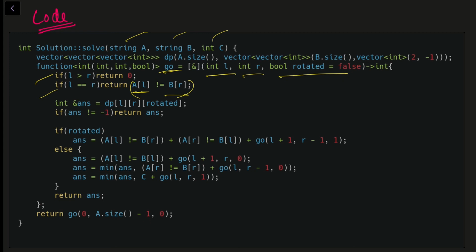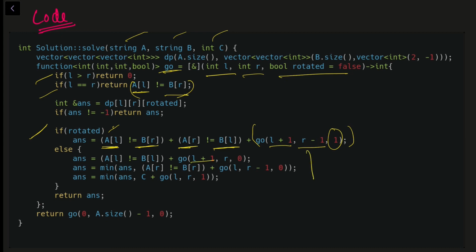After that, we have discussed this part here. If rotated is true, we can do just one transition, and that is, we'll check the first character of our string with the last character of string B, and the last character of our string with the first character of string B, and then after that, I'll do the transition to L plus 1 and R minus 1 with 1, right? Otherwise, I'll have three conditions.